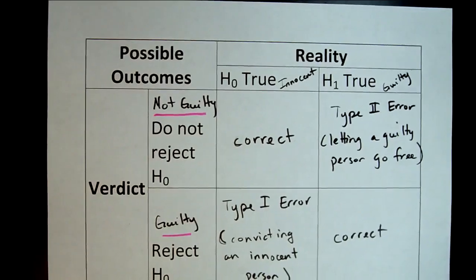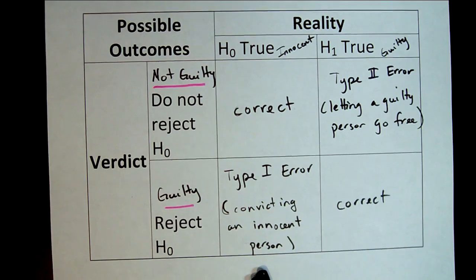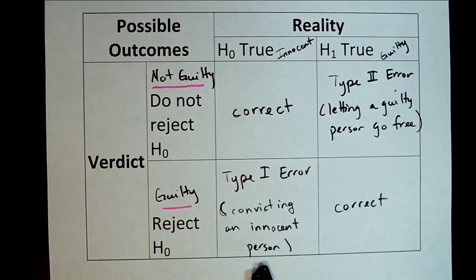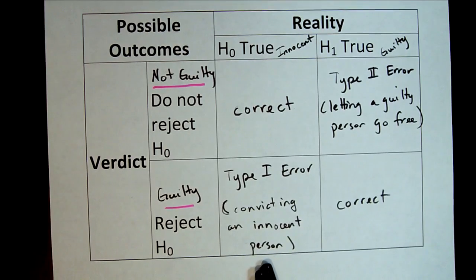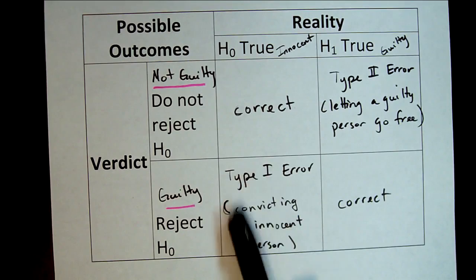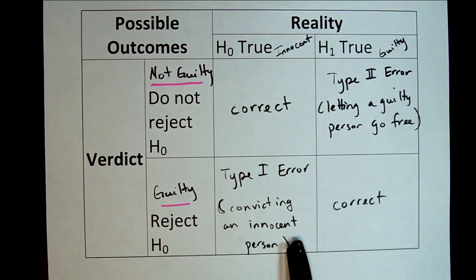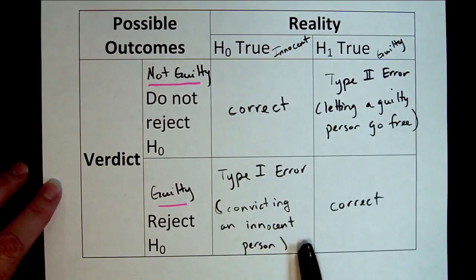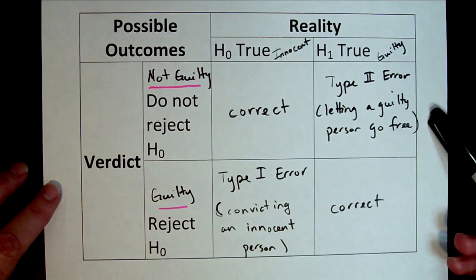Of course, in our criminal justice system, we are more concerned about making a type 1 error. That's why we're set up to assume a person's innocent until proven guilty. You have to have proof beyond a reasonable doubt, because we want to make sure that if at all possible we avoid type 1 errors, even though lowering the possibility of a type 1 error by how your system is set up is going to increase the possibility of a type 2 error.